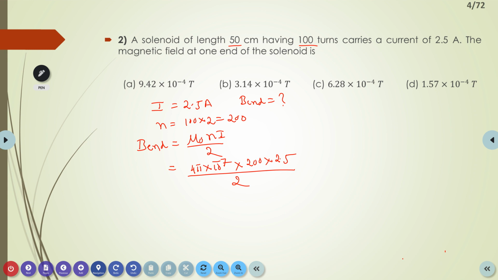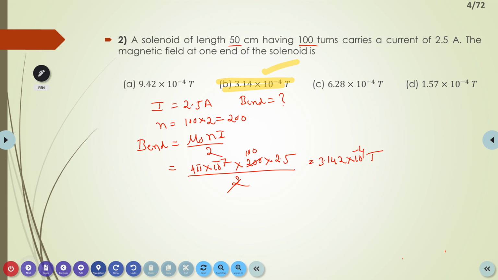Then you calculate and multiply everything. Finally, what are you getting? 3.142 into 10 to the power of minus 4 Tesla is the magnetic field. Where is the choice? This is the right choice.